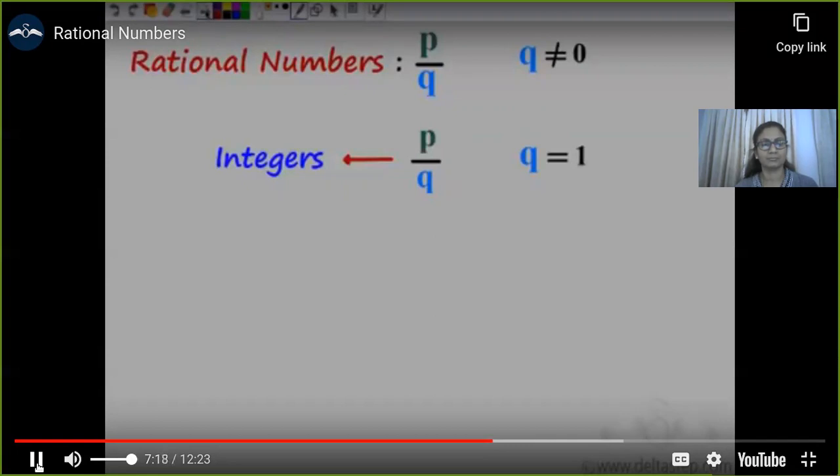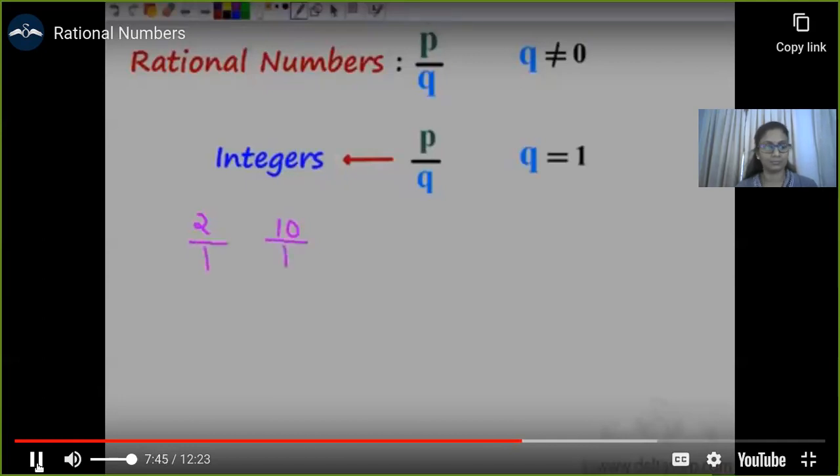Now this is a fraction. When would this be an integer? When Q would be 1. So as soon as Q is 1, the rational number P by Q represents an integer. So any number, say 2, say 10, any integer could be written as a fraction. How?